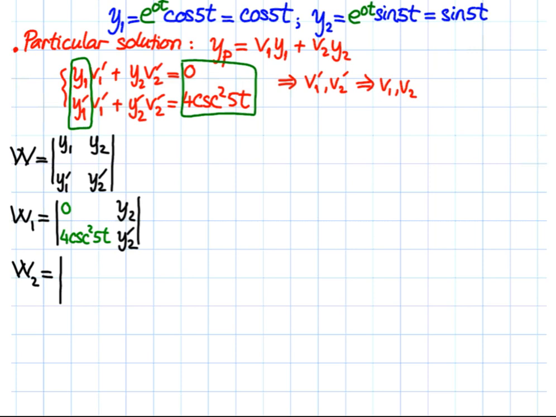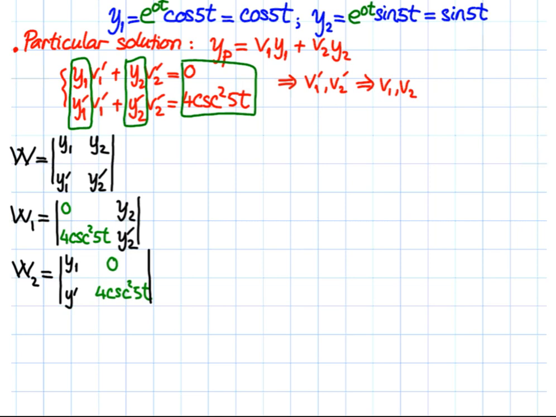For W2, y1 and y1 prime stay the same, and instead of y2 and y2 prime, we will use the last column. So we have 0 and 4 cosecant squared 5t, right? So that is the setup for the determinants.